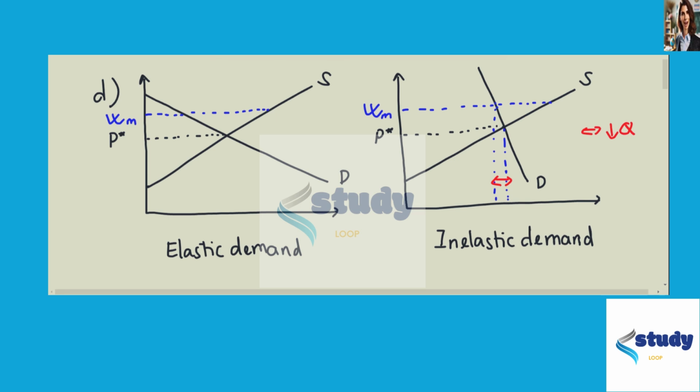For inelastic demand, this decline would be lower than the percentage increase in the wage. And the percentage increase in the wage can be represented by this vertical distance. So total wage payment increased.